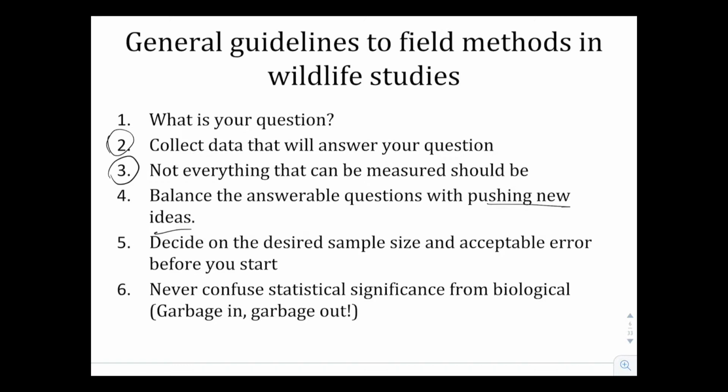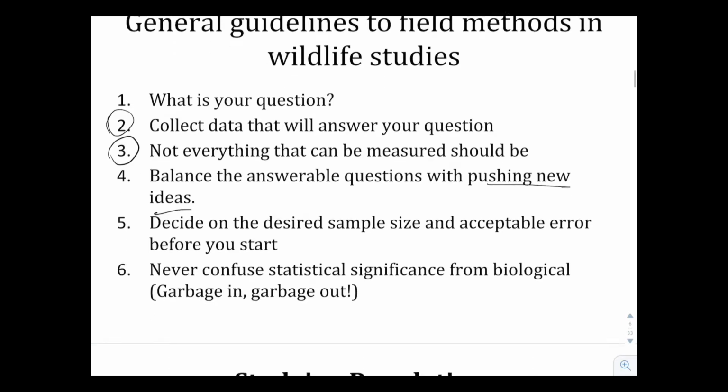Just because there is a statistical significance with something does not necessarily mean that it's going to make any biological sense. And this is certainly true when we get into the ages of big data, in that we can have enormous quantities of data, and it becomes very easy for those quantities to automatically have a significant statistical result. But that doesn't necessarily mean there's a biological reason for that.